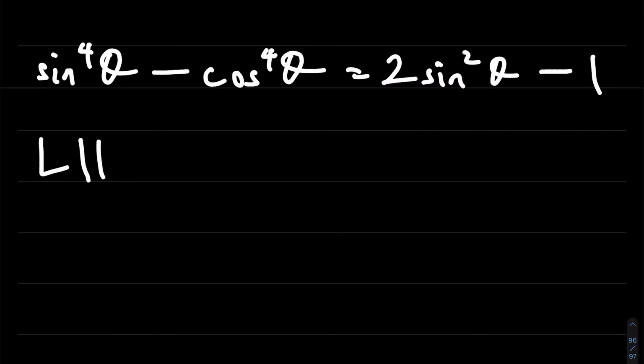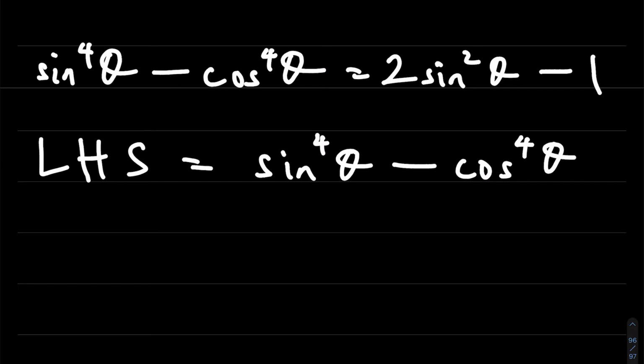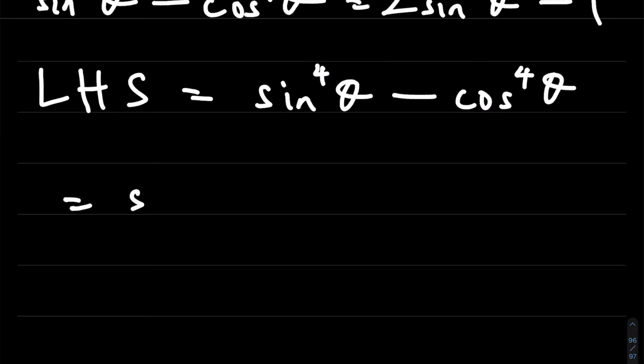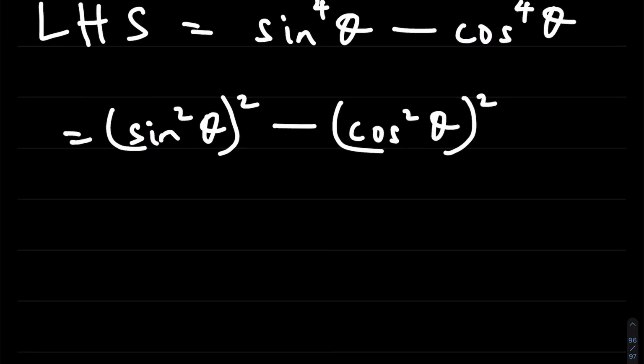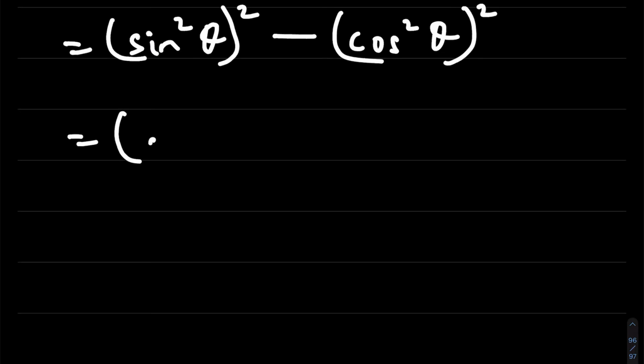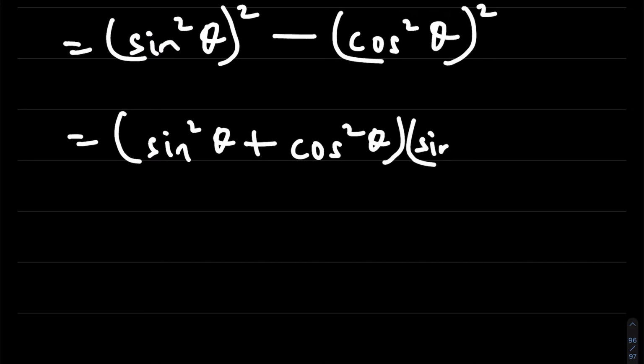I think this is just similar to what we just did. The left hand side is sine to the 4th power of theta minus cosine to the 4th power of theta, and that is same as the square of sine squared theta minus the square of cos squared theta, just to express it as a difference of 2 squares. And this simply means sine squared theta plus cos squared theta times sine squared theta minus cos squared theta.